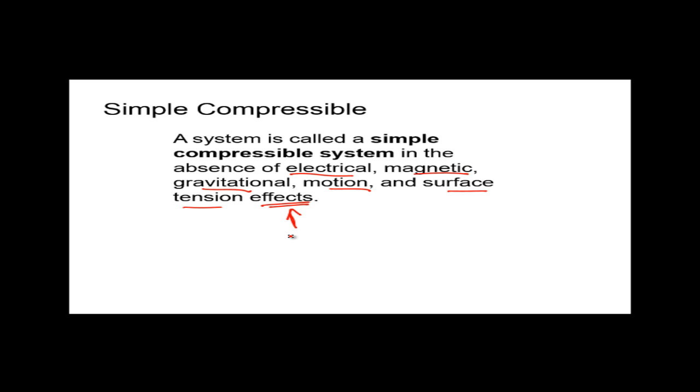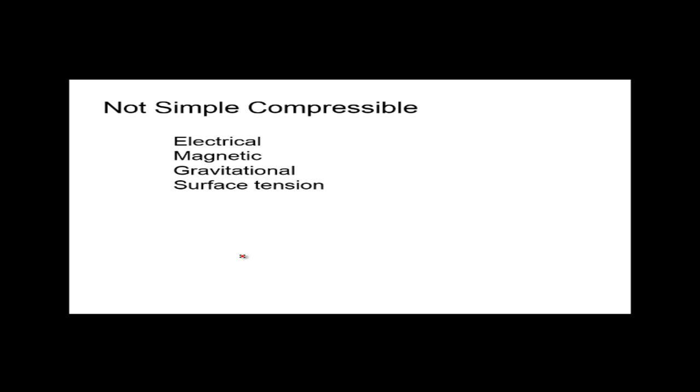We would separate out its kinetic energy and its potential energy into a different part of the energy balance. So whenever you have electrical, magnetic, or you can't separate out the gravitational, or you have surface tension, you have to not think that you can apply the state postulate, but you may have a more complicated fluid substance to deal with.